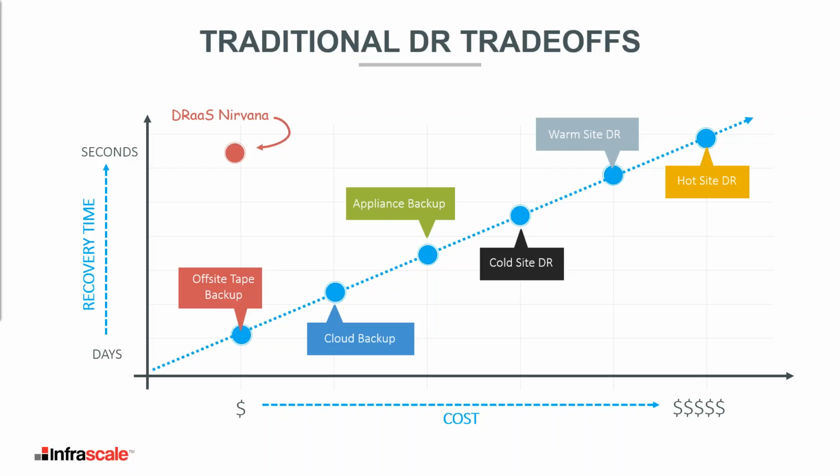And DRaaS, Disaster Recovery as a Service, lets you leverage a backup appliance to quickly reboot and virtualize VMs, keep your users productive while you fix the root cause of the outage. But it can really only deliver on this promise if you find the right vendor. So what does the right vendor look like, and what would they support?